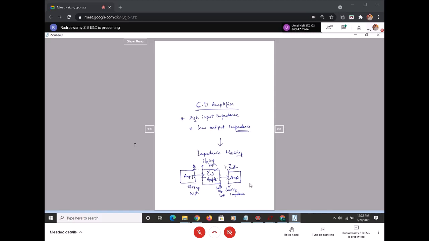In order not to let this happen, I'll introduce a coupling device, in this case a CD amplifier, which will match the impedance. Along with that, there will be very little signal loss from one circuit to the other. Hope this is fine, the application of the common drain amplifier.